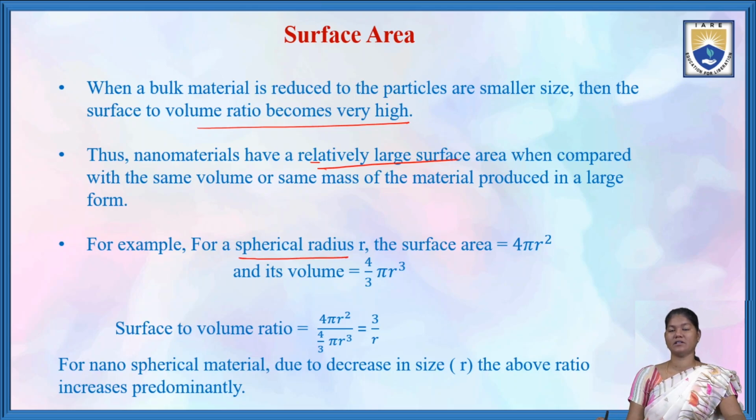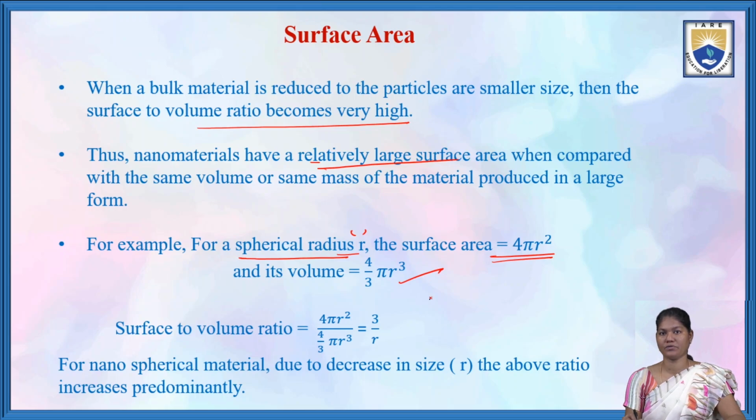for a sphere, with spherical radius r, the surface area is 4 pi r square. The volume of the sphere is 4 by 3 pi r cube. So, taking the ratio of surface area to volume, it becomes 4 pi r square divided by 4 pi r cube by 3.